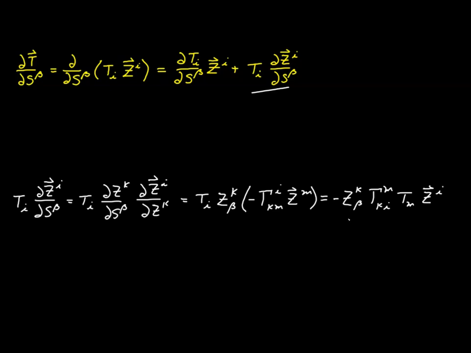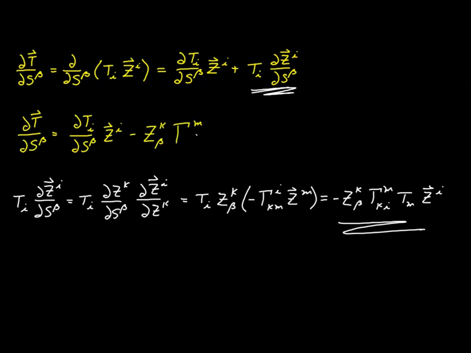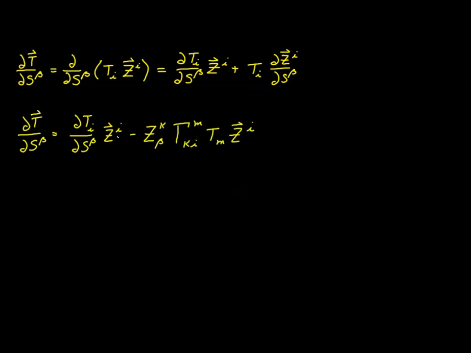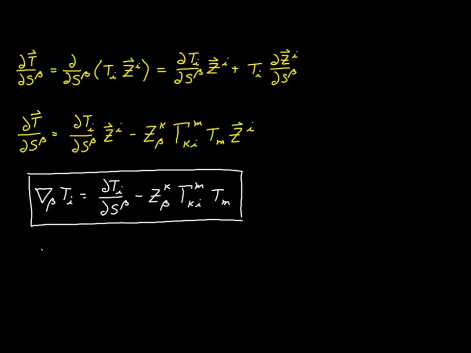So now all we have to do is to substitute this expression for what we have up here. So next we can factor out our basis vector, and what's left will give us the definition that we're looking for. And finally we can rewrite our partial derivative this way.